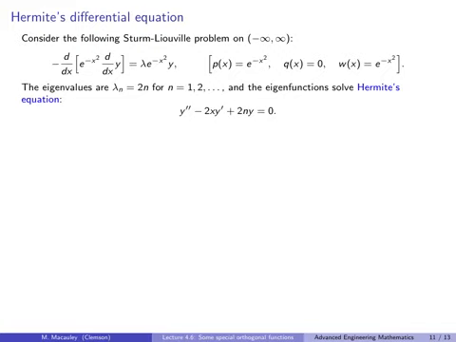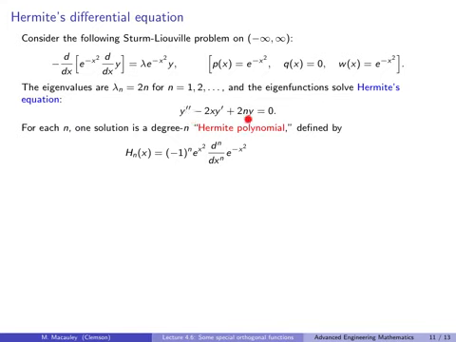The eigenvalues of this Sturm-Liouville equation are 2n for any positive integer n, and the eigenfunctions solve Hermite's equation, which is actually really simple. If you multiply this thing out, you get y double prime minus 2x y prime plus 2n y equals 0. I know you're thinking, wait, what happened to the e to the minus x squared? Well, it cancels out.